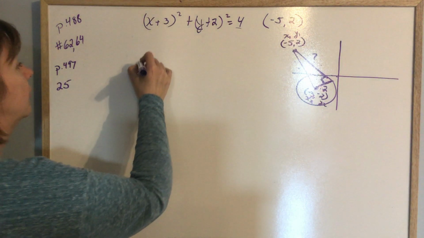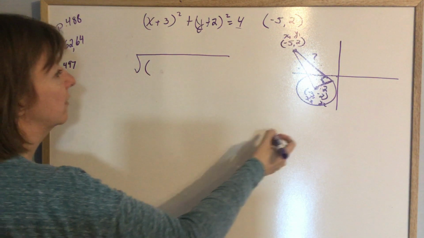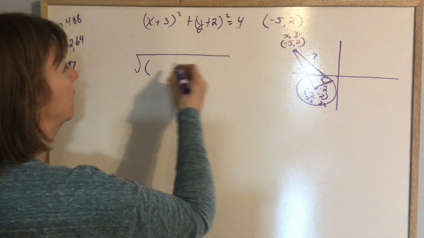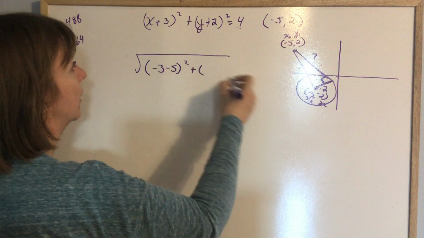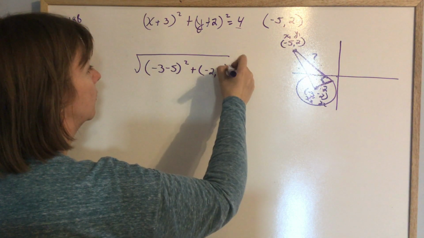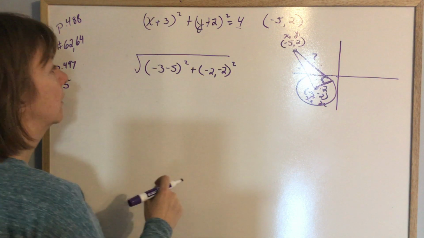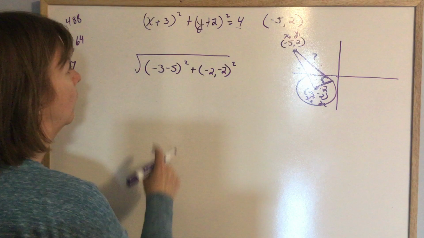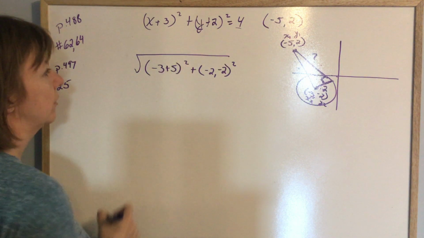And I can do that by doing the length of my line formula, which is the square root of (x2 minus x1) squared plus (y2 minus y1) squared. So -3 minus -5, so that should actually be +5.